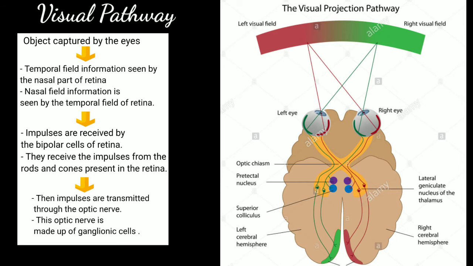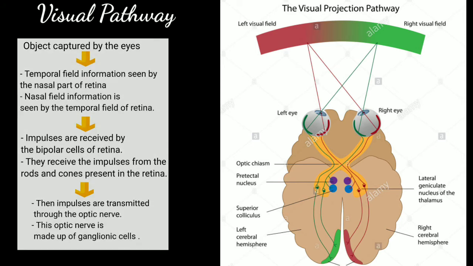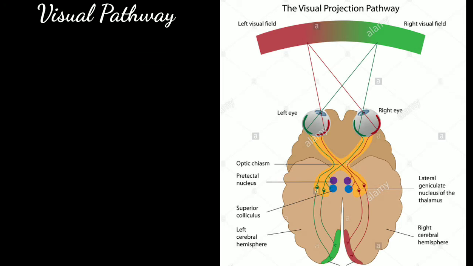Now, after the cross connection, the impulses are received by the bipolar cells of retina from the rods and cone cells. Now, these bipolar cells are also termed as the first order neurons. Next, the impulses are transmitted to the optic nerve, which is made up of the ganglionic cells. And these ganglionic cells are termed as the second order neurons.